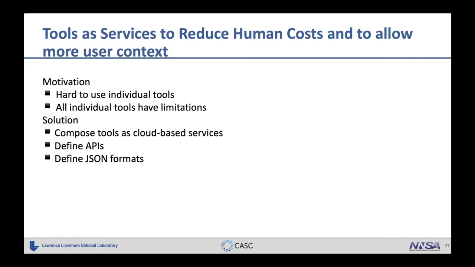So the second thing is, as we build more and more tools, we realize, well, quite often the pain point is how to use the tools. It's just too many steps people have to go through to use our tools. And also we realize that not a single tool, not a single research group can solve all those challenges. And we have to find a way to combine those tools into some composable services.